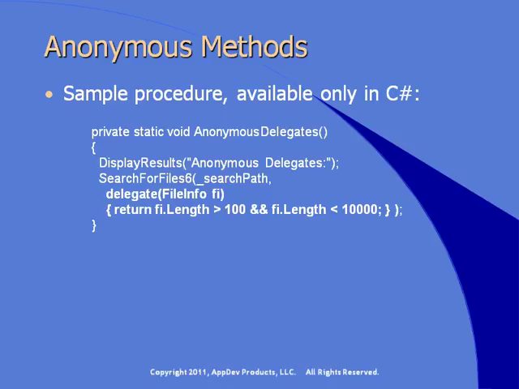This one says, I only want to see files where the file length is greater than 100 and less than 10,000, so within that range of sizes. We're going to pass this delegate instance as a parameter to the search for files 6 procedure. So we've essentially specified the condition for the search here within the call to search for files 6. Let's go review how that looks within the code.